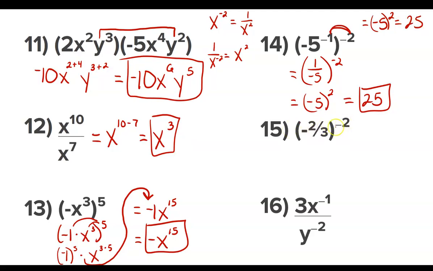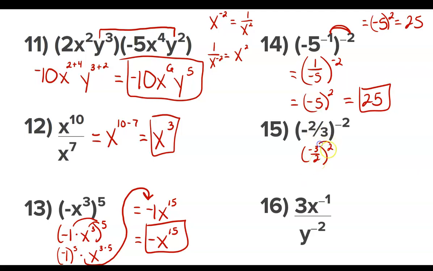For number 15, though, this is why I wanted to talk about negative exponents. We have negative 2/3 to the power of negative 2. The negative sign on the exponent causes this fraction to flip. So it's now negative 3/2 to the power of 2. So now the exponent has become positive because I flipped the fraction.